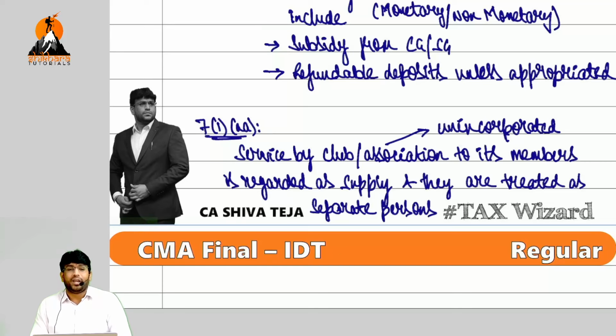This is a more interesting point that they added in the law. In fact, on 1st July 2017, when the Act was framed, this point, section 7(1)AA, was not there. It was introduced later, where they said activities by club or association. You can write here activity or service.